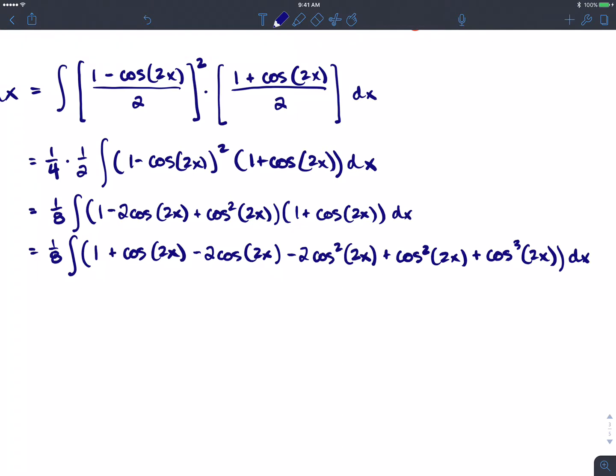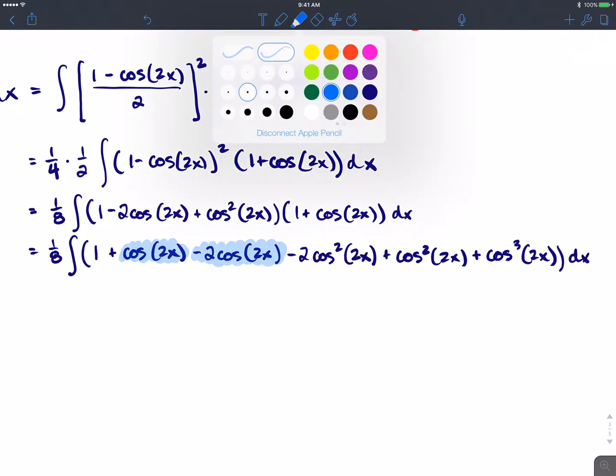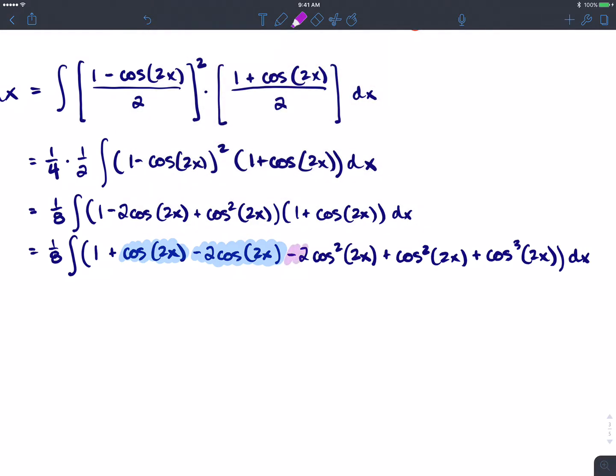Still very gross looking, so let's see if we can combine some like terms. I'm looking at this and I think we can combine this cosine 2x term and this cosine 2x term, and we can also combine these cosine squareds together.